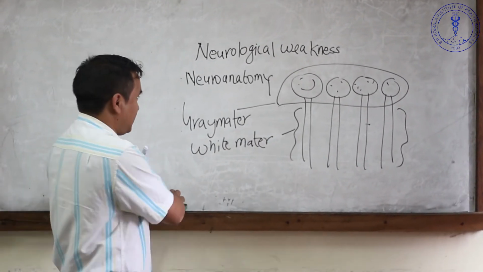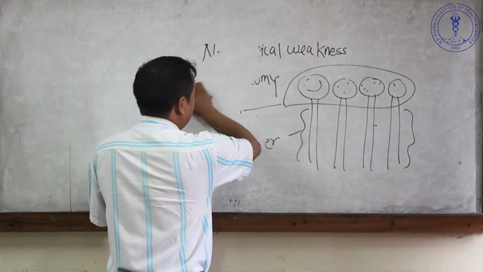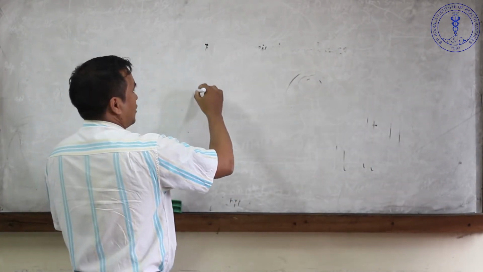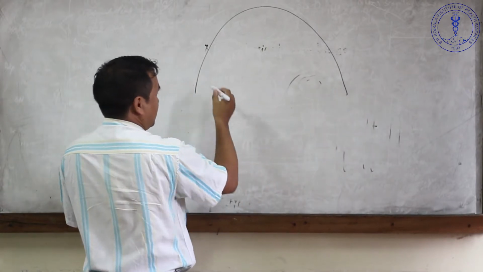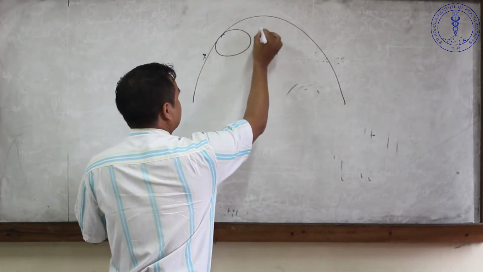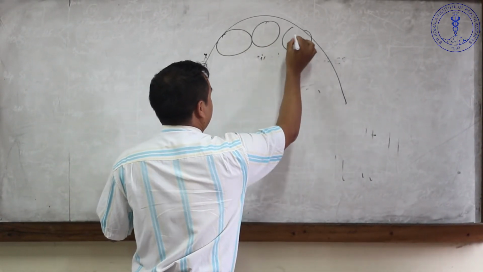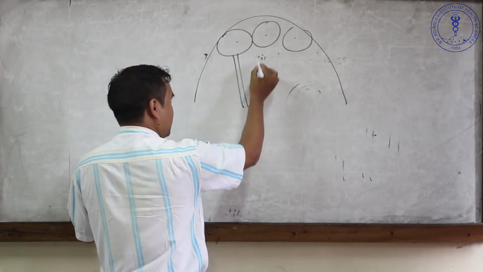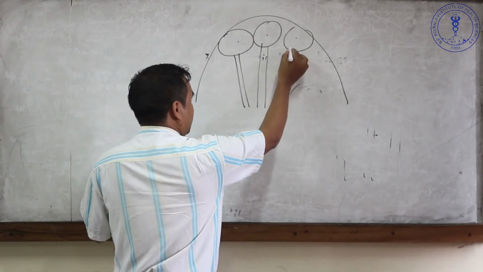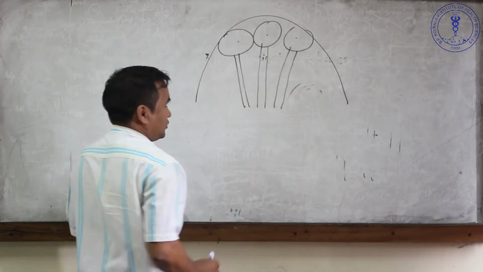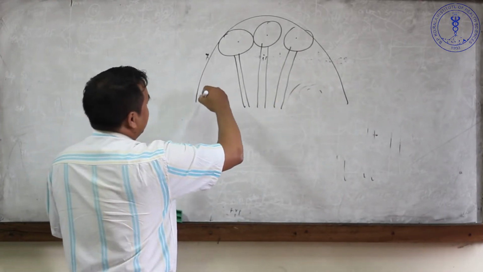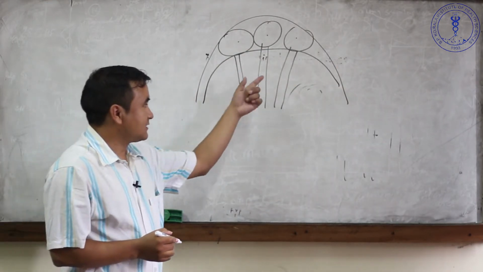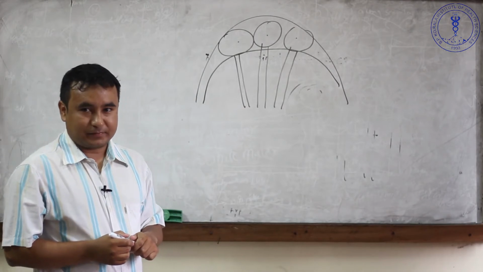Then what happens in our cerebral cortex? In the cerebral cortex, in the outside layer there is a collection of the cell bodies, and on the inside there is a collection of the axons. So the outside layer is the gray matter and the inside layer is the white matter.